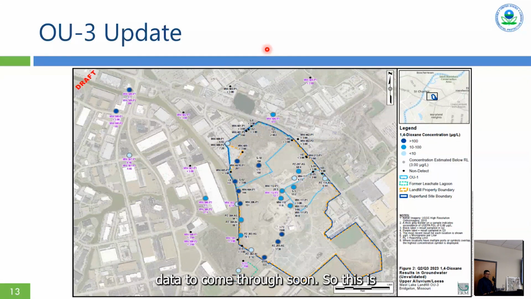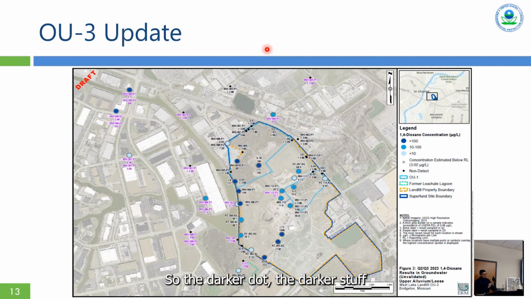So this is a snapshot of the shallow alluvium, that's the first layer of sand and gravel and silt and clay that is filling in the eroded bedrock valley that was created by the Missouri River. I know it's not readable, but just concentrate on the dots.